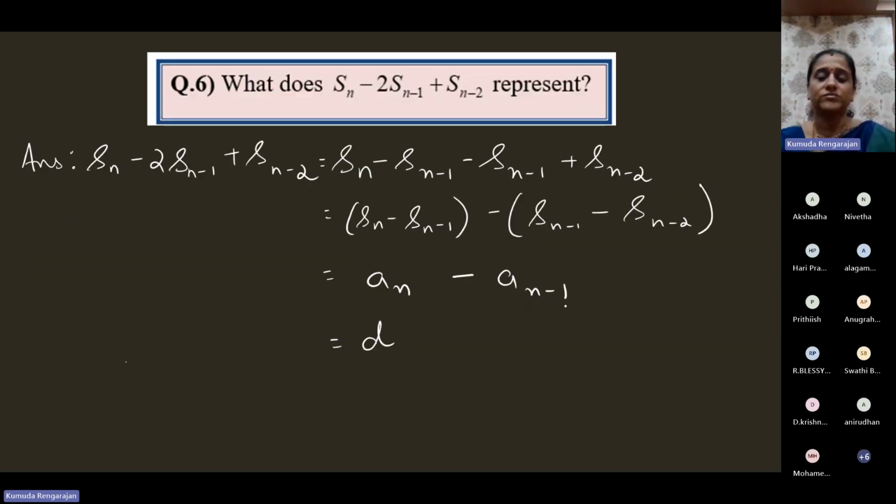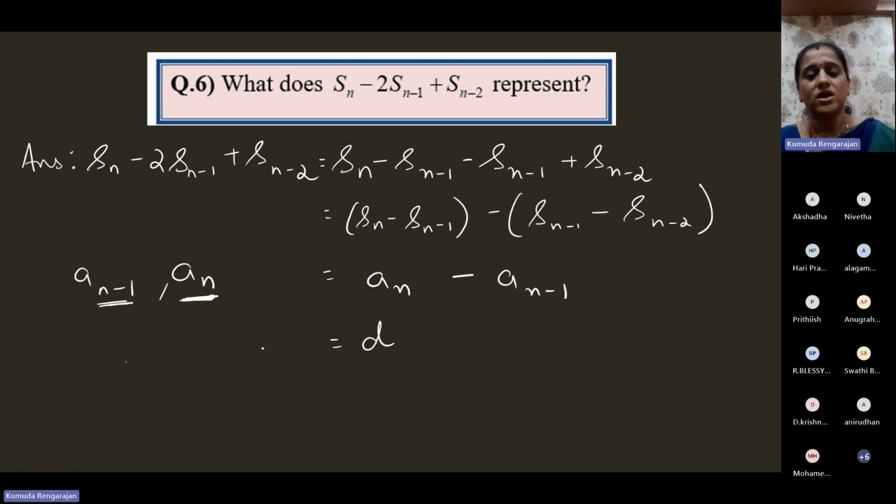And how are these two connected? An is a term and An minus 1 is its preceding term. An minus 1 is the term before An. So what is a term minus its preceding term?